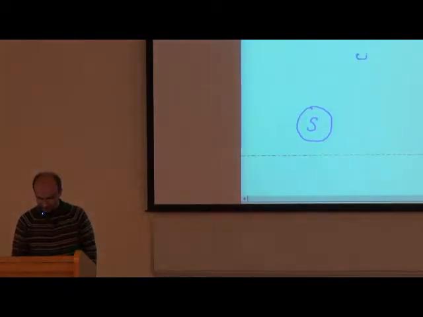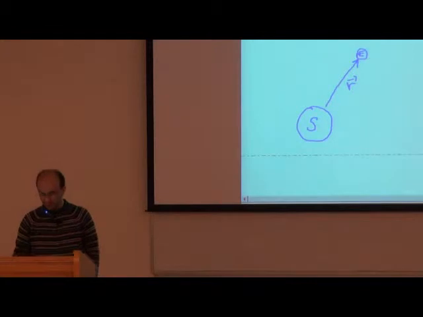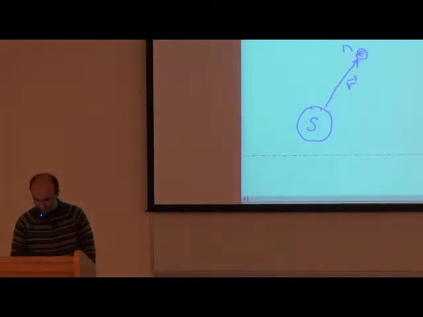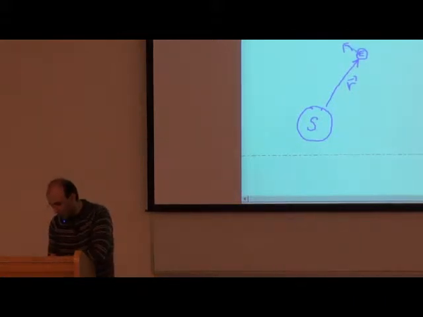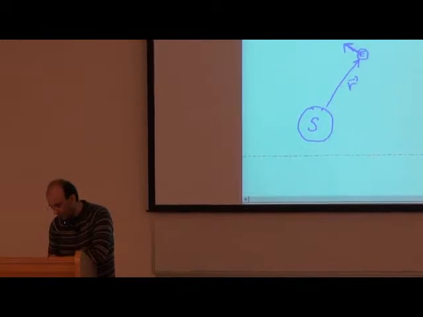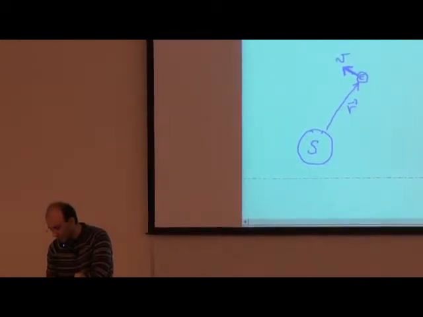And here is the Earth. And these two are distant from each other at a certain distance. And Earth moves around the sun on an almost circular trajectory, where we are going to study this in detail.